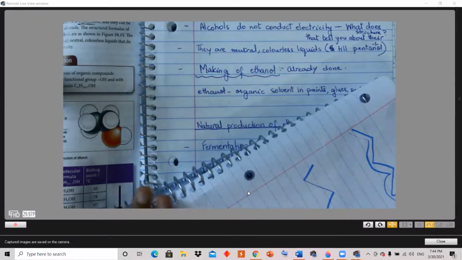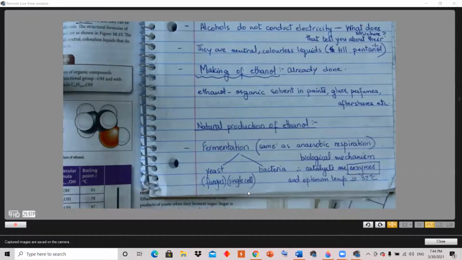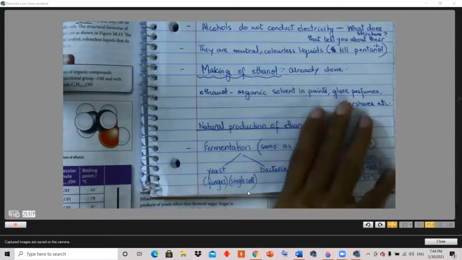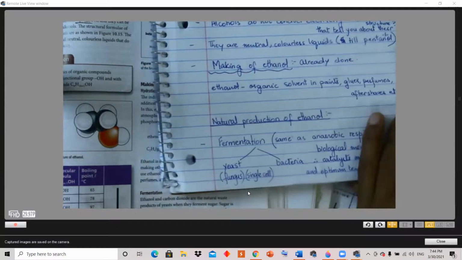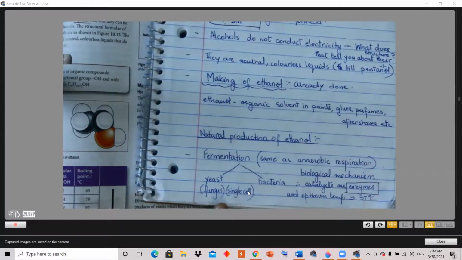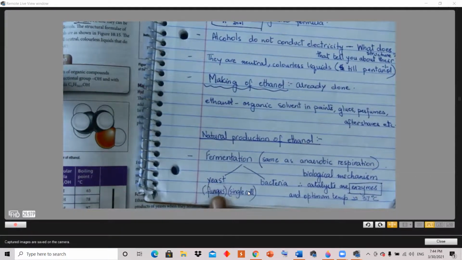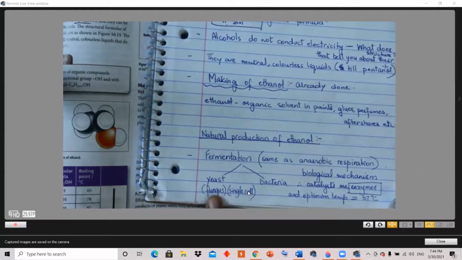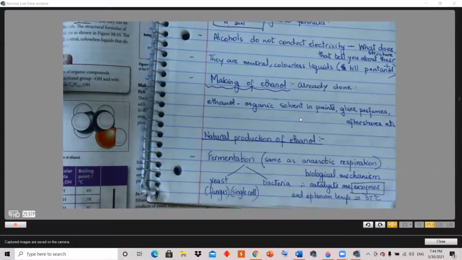Carbon dioxide. Okay. And where do you see this fermentation? Where does it take place? In yeast. Yeast is a fungus, remember. A single cell fungus, yeast.